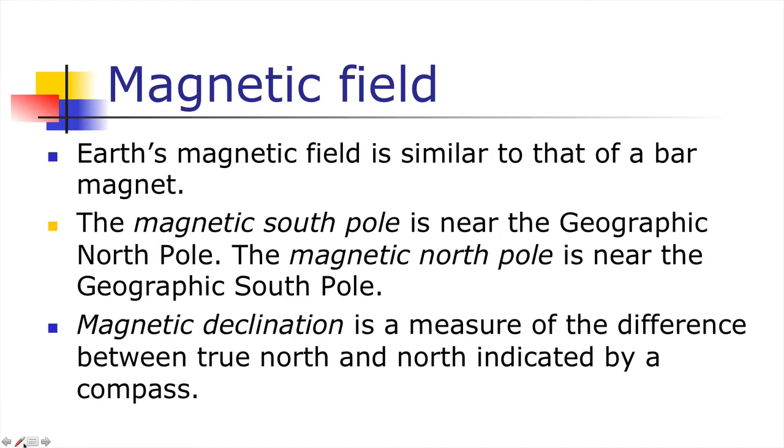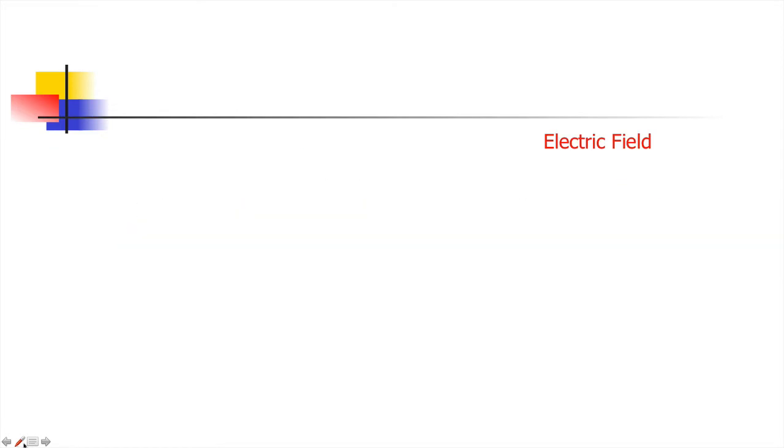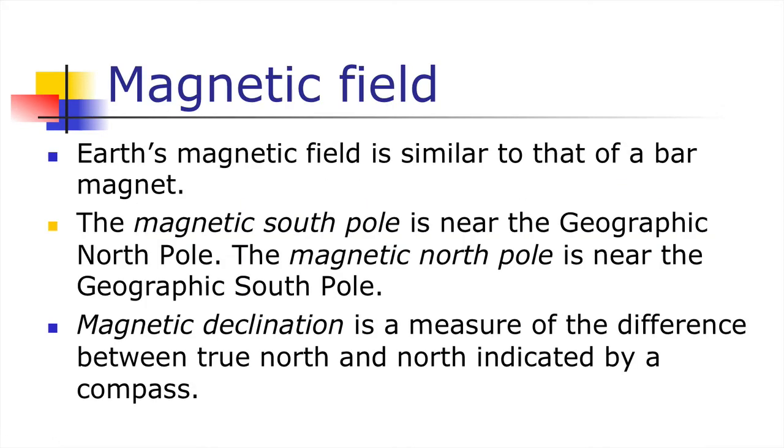So something that we should know is, if you take the Earth as one big object like this, what we know is this is the North Pole and this is the South Pole of the Earth, right? But that's in our day-to-day conversation. This north and this south are known as geographic poles. Those are not magnetic poles.